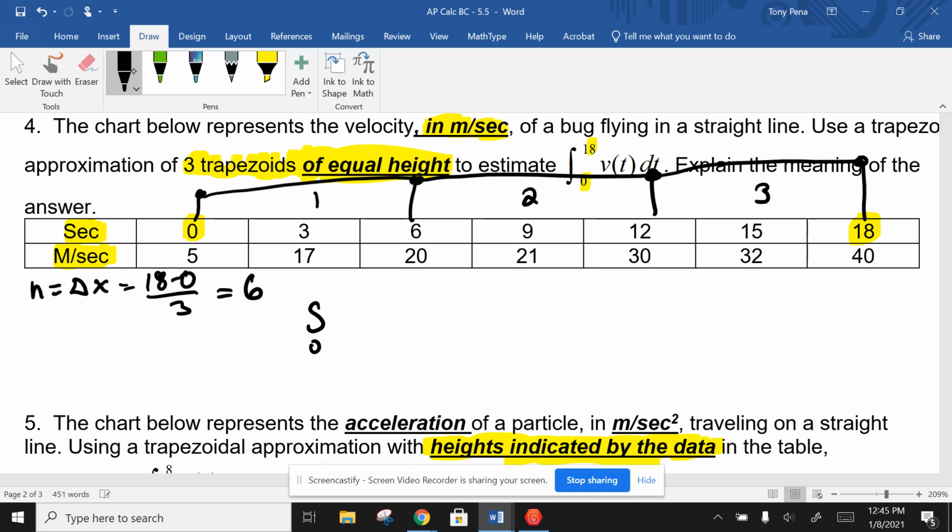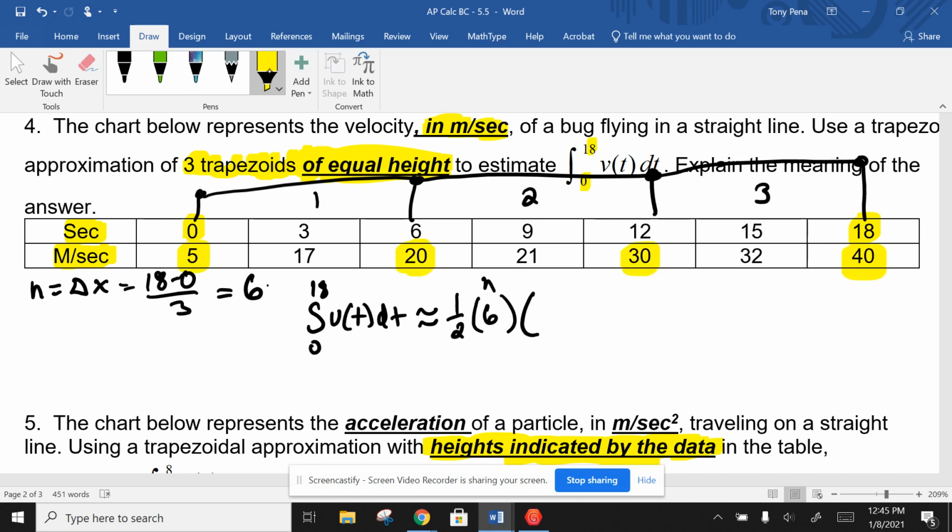So if I now want to approximate this, we don't have a velocity function, we don't have an exact model, but we have some data points along the way, we can now use this to approximate its integration. So 1/2. Our height in this one is the 6. And then if we go to all of our bases, this would have been base number 1, base number 2, base number 3, base number 4.